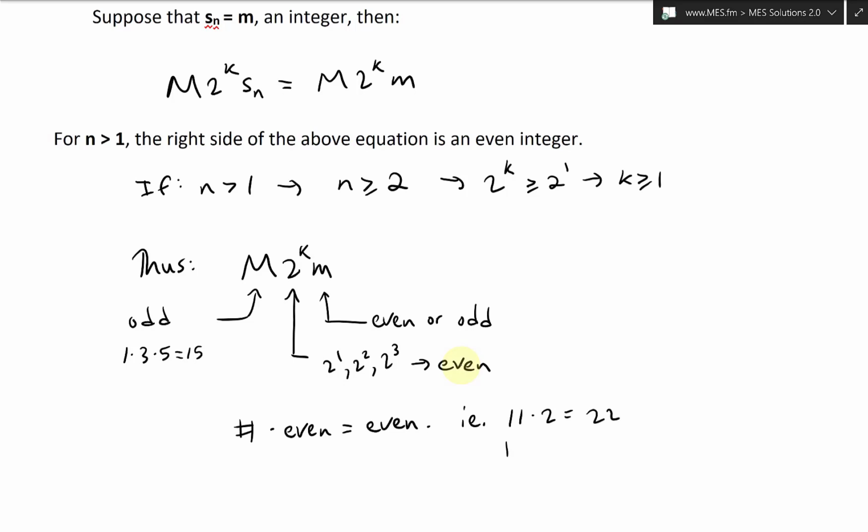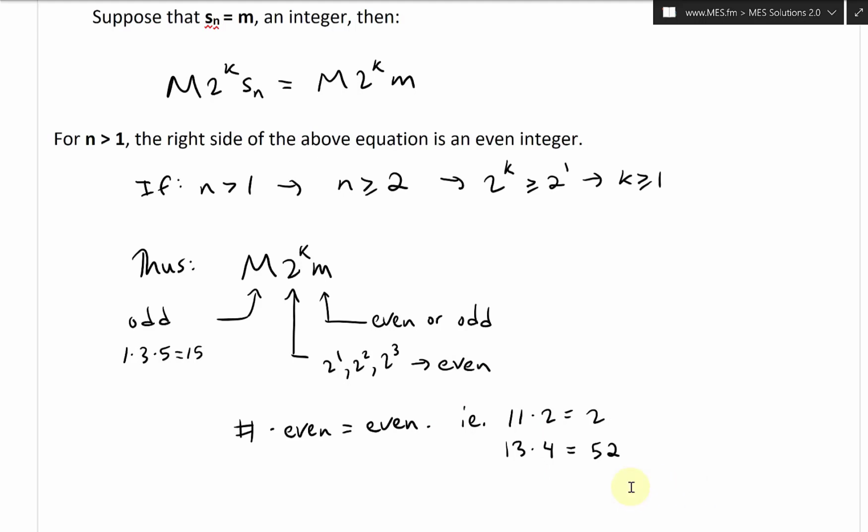Or 13 times 4 equals 52. It's always an even number, because it has a factor of 2.